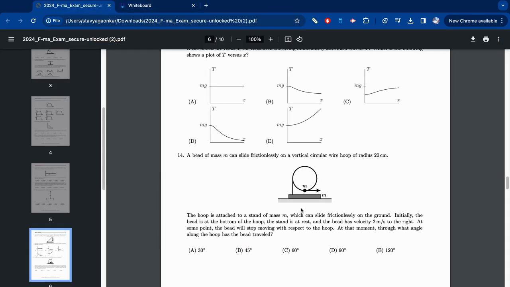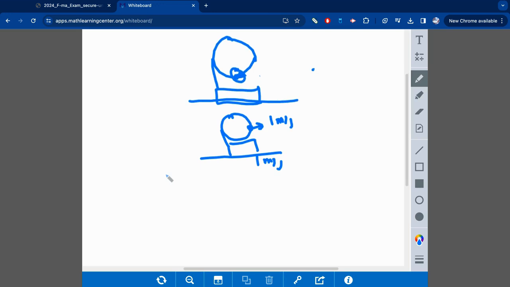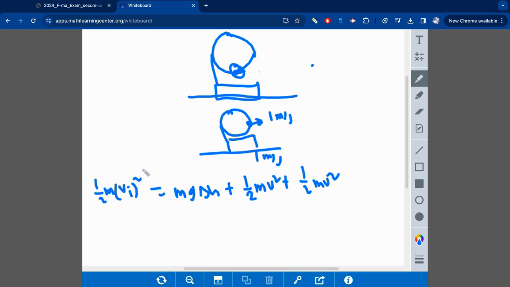So what we want to know is through what angle along the hoop the bead has traveled. So what we can do is we can conserve energy. So we can see that if it moves up h, all right. So this is our final energy. So this is the bead, and this is the stand, and this is the initial energy, which is 1/2 m v initial squared.